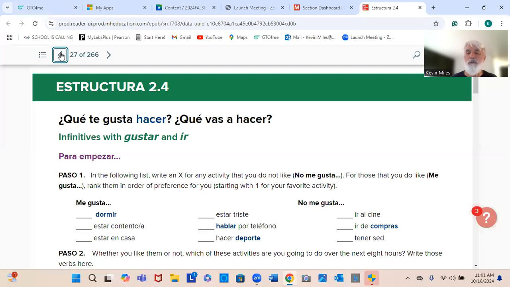We only use gusta. Me gusta estar en casa, comer y dormir. Only use gusta with verb infinitives. Remember the section on Los Españoles, the Conectate section. You'll be asked some questions on that.